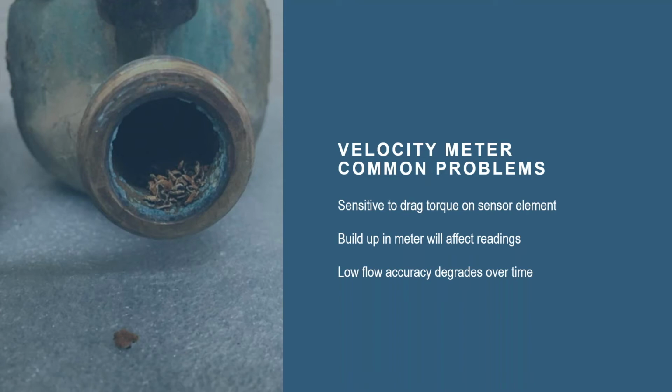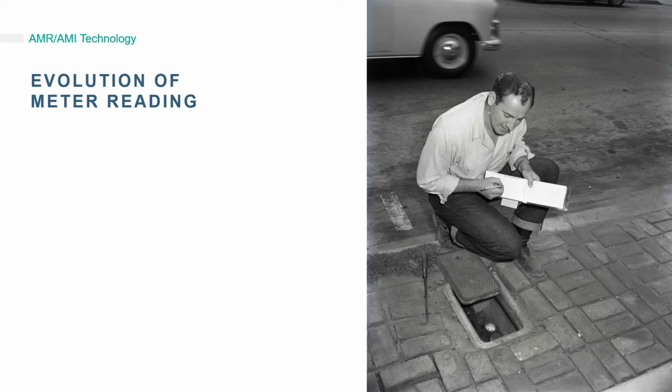And an AMR or AMI system doesn't resolve these issues. These issues are consistent and will continue to be concerns that you will have to deal with even in an AMR or AMI type system. So I'm going to turn the presentation over to Jeremy, where he's going to give you a brief discussion about the evolution of meter reading and take you through the rest of the presentation.